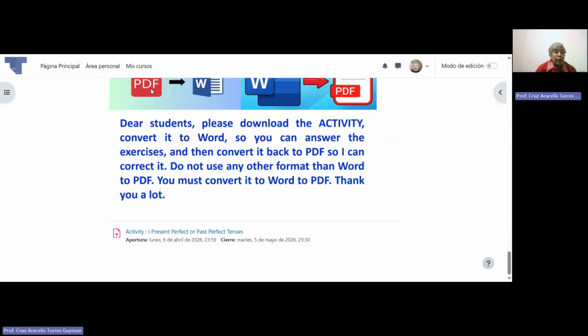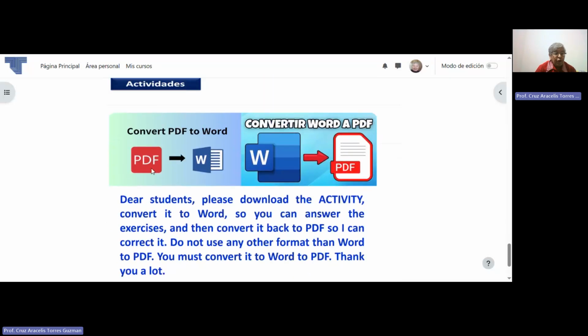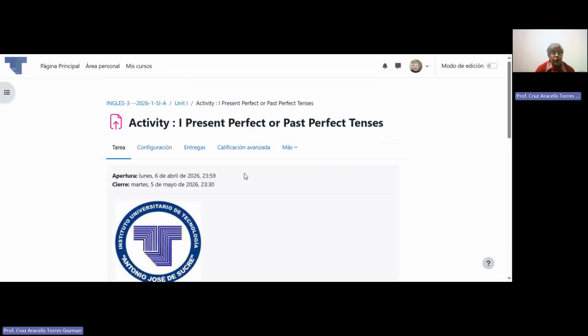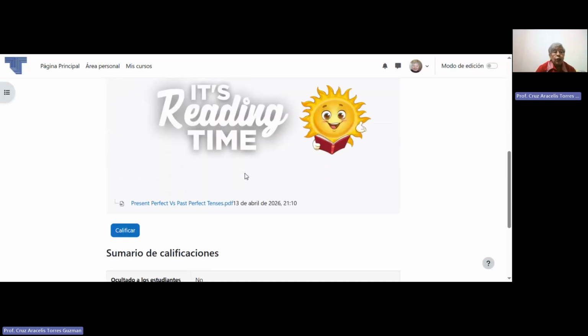Remember to download the PDF and pass it to Word so you can do the activity on the same page. Then when you finish the activity, you pass it back to PDF. I will pay attention to that. If you do not do that, I will call you.